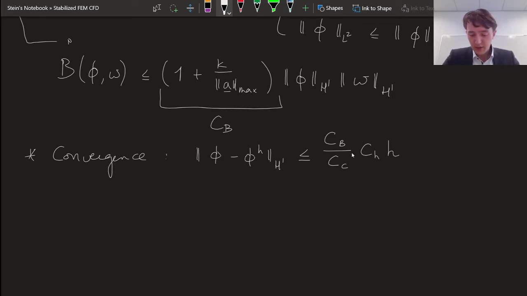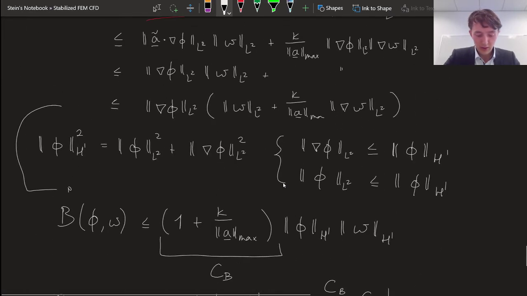So if we look back into what CB and CC are, then what we get here is that our error measured in the H1 sense is bounded from above by 1 plus that expression, this relation between advection and diffusion, divided by, what was our coercivity constant?